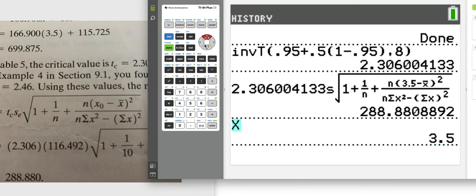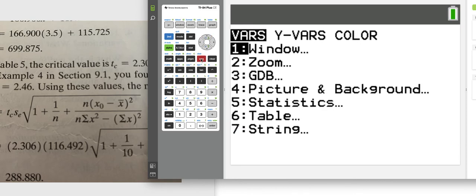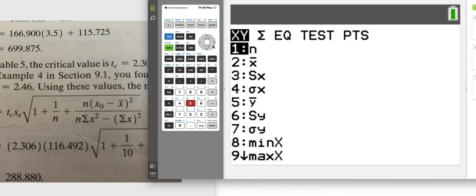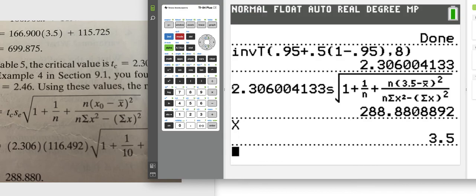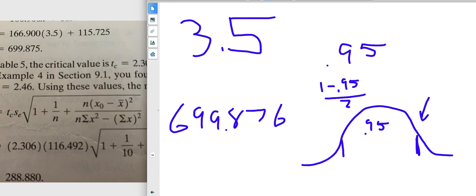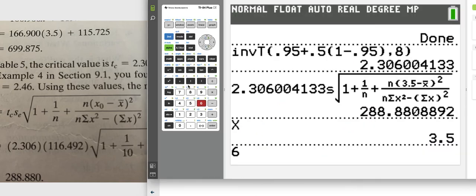Anyways, we can just enter 699.876, and we're going to add that number.